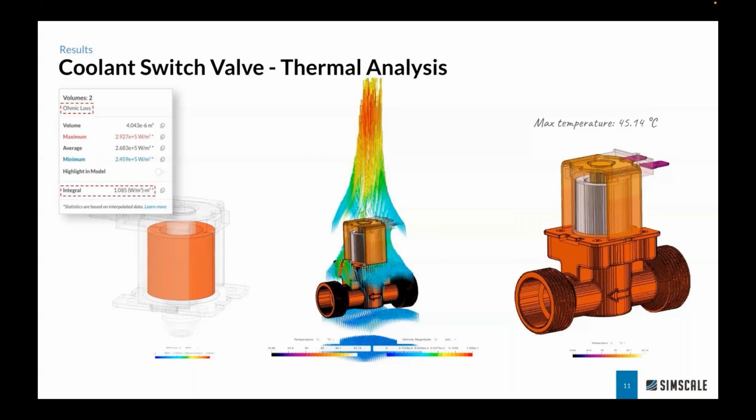We can also see the temperature distribution across the full assembly. These insights are crucial to ensure that the valve won't overheat during operation, so whether it can maintain reliable performance without risking the materials within, or for example, magnetic performance degradation.